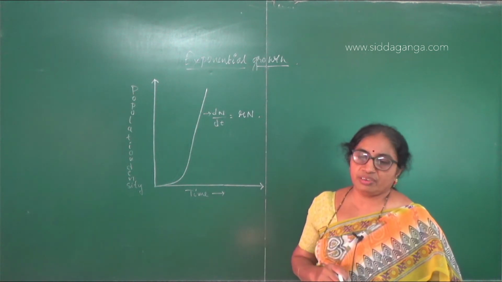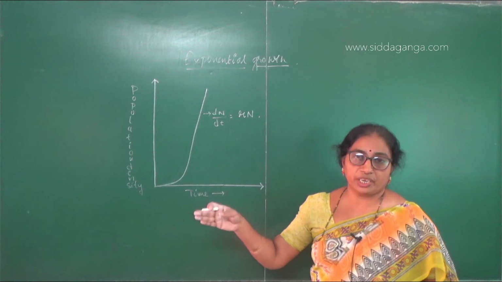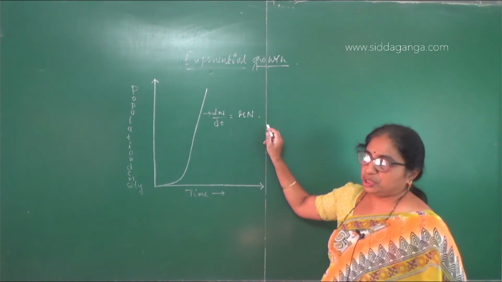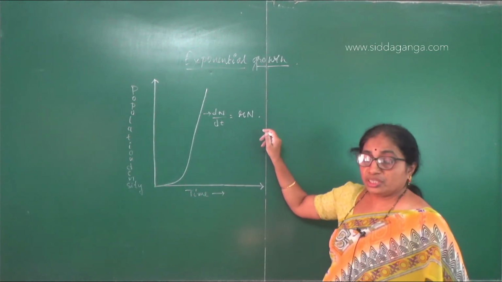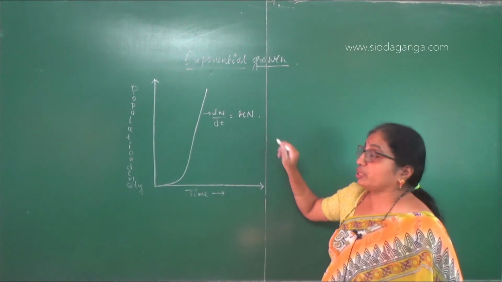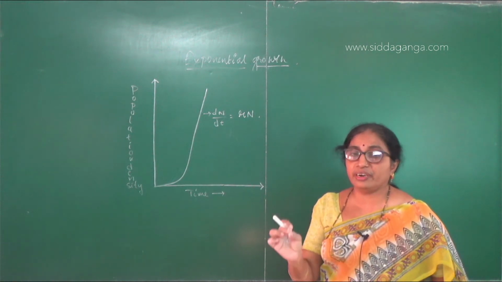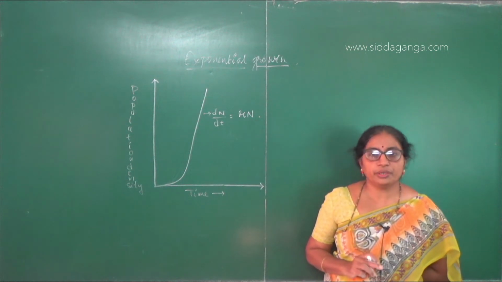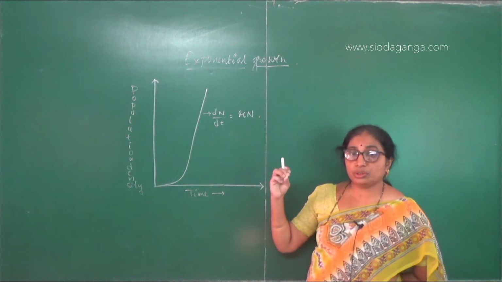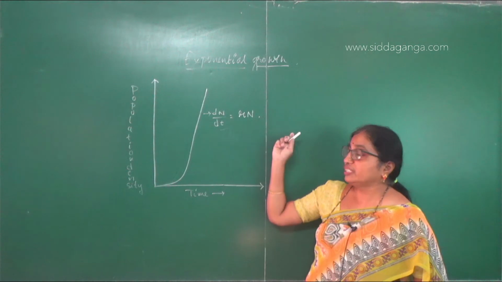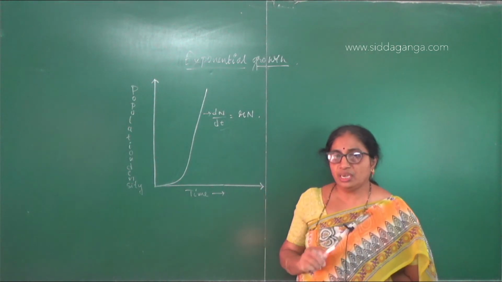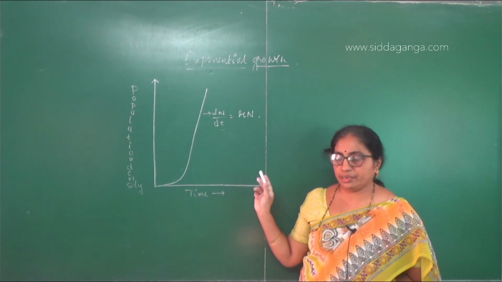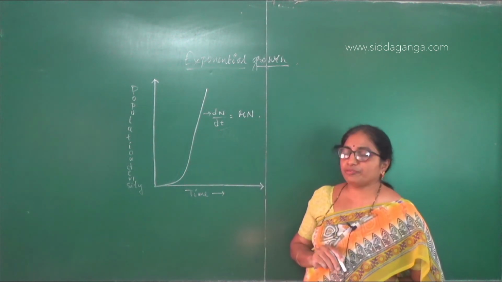R is called the intrinsic rate of natural increase, calculated by B minus D. This type of growth can occur only when there are abundant resources. We have also written the integral form of the same equation, N_t = N_0 e^(rt). That is the integral form of this equation.